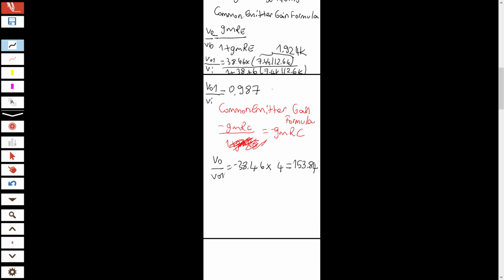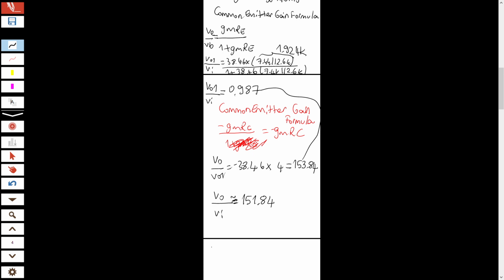So my overall gain VO over Vi is the multiplication of these two gains, it is 151.84. I mean, it is an approximate value. We did approximations. The exact result is not this, but approximately equal to this. Maybe 160 is the actual result, but 151 is okay. It is near enough. In engineering, we have a saying: near enough is good enough.